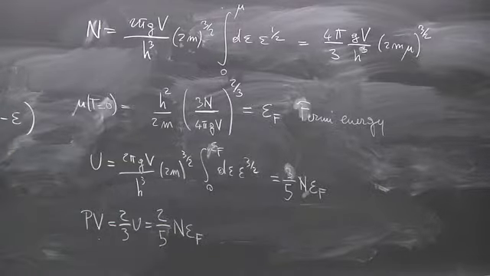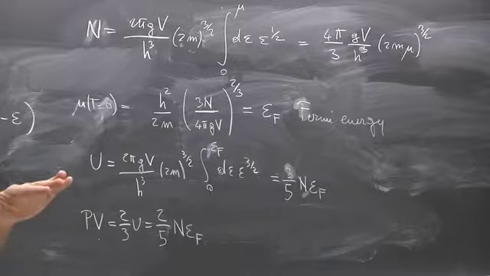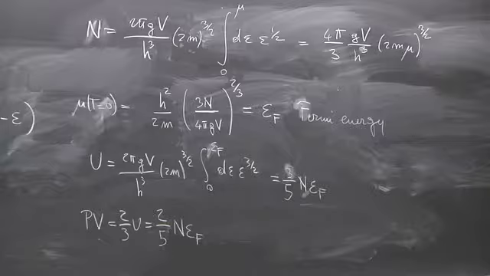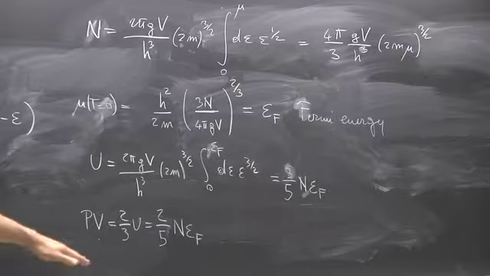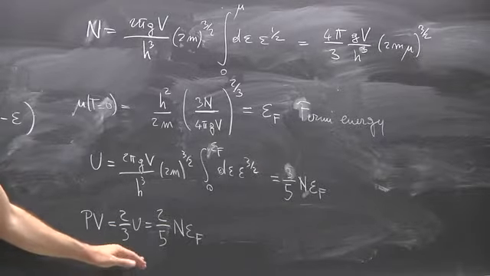If you take, as we have seen 2 days ago, a Bose system, it goes to 0 even faster. If you remember, it goes to 0 as T to the cube. Okay. In this case, the pressure does not go to 0.